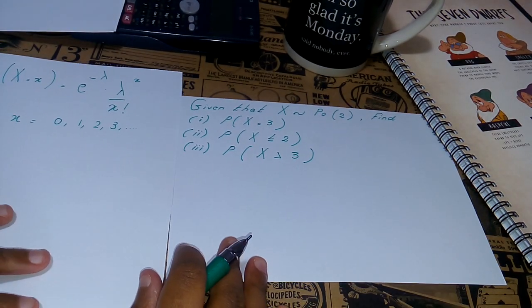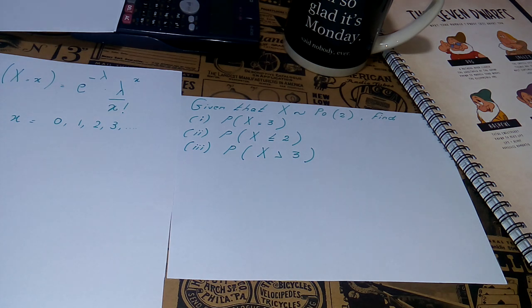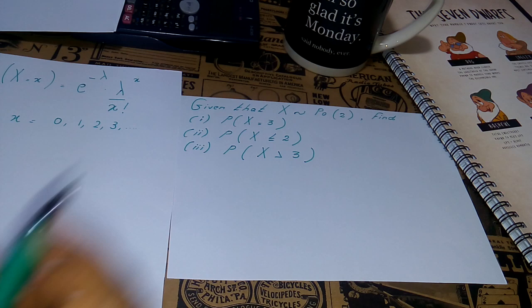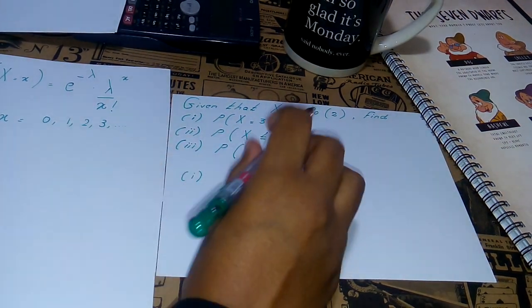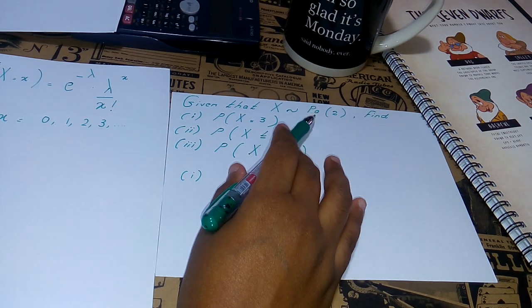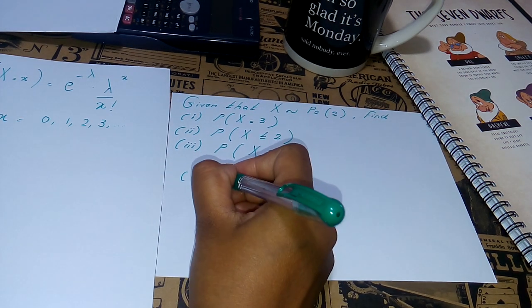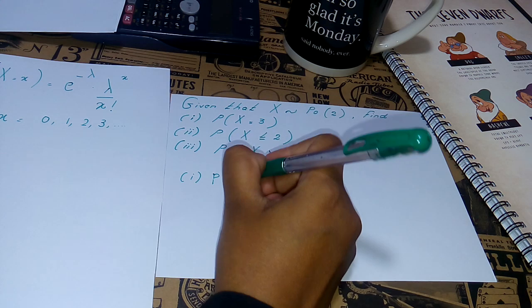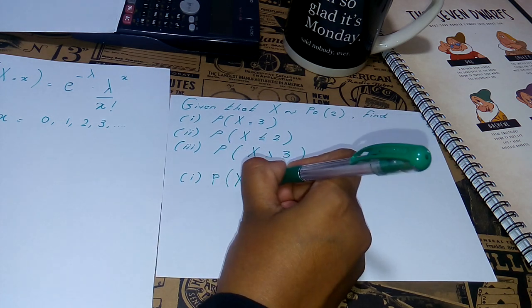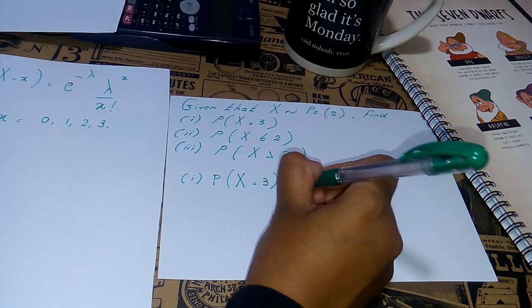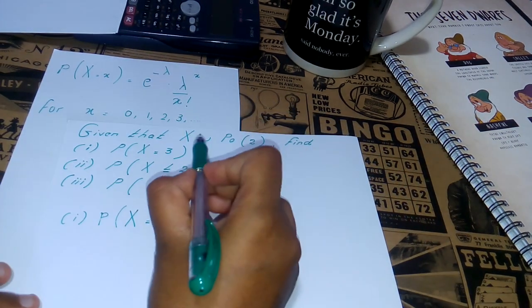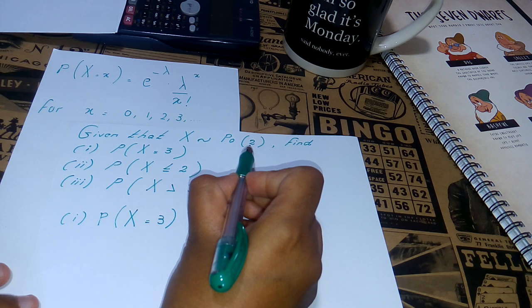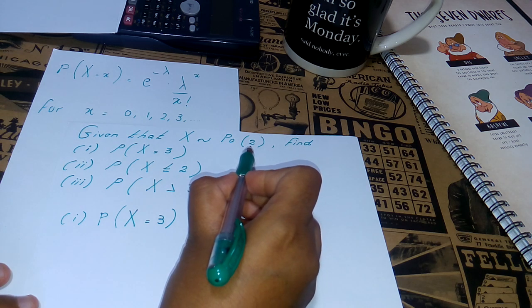So the first part says we need to find the probability of X equal to 3. We have X follows Poisson 2, so the parameter lambda is 2.